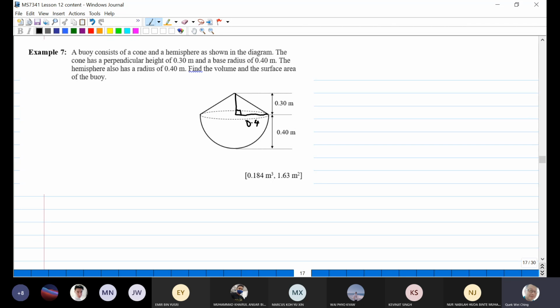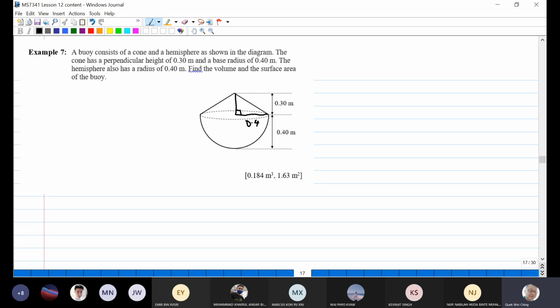Okay, since they ask for volume, let's try to find the volume first. First thing is to find the volume of the cone.